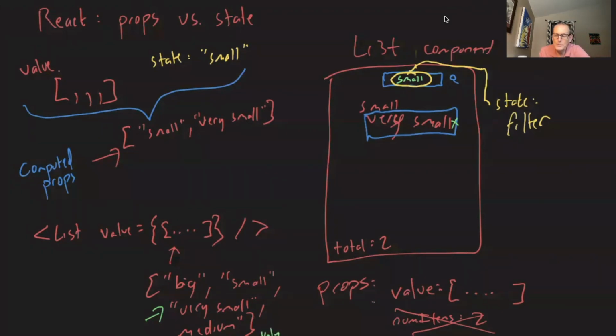It would be up to the list to call this onValueChange, say with the value 2, saying that it's index number 2 in this array, and its new value is now a small x. It would be up to the parent of the list component to re-render this list with a new value, where this is now a small x.